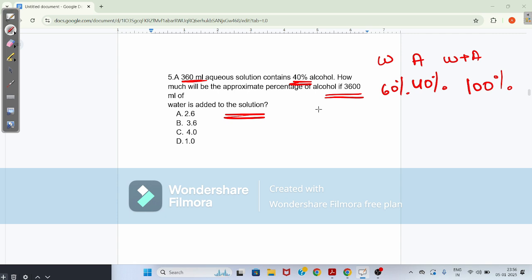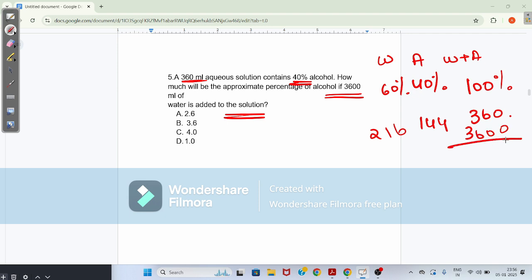Okay, now when the whole mixture, 100%, is 360, the 40% of 360 is 144, and 60% means 216 here.